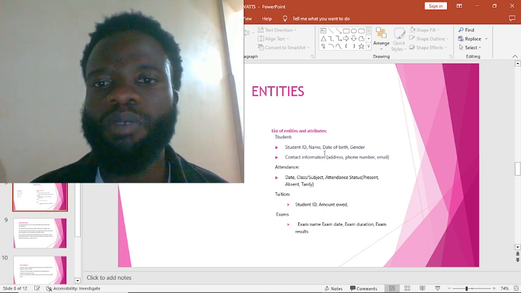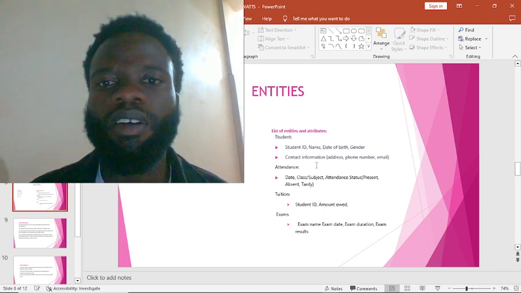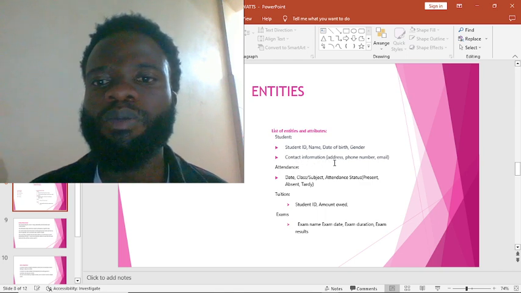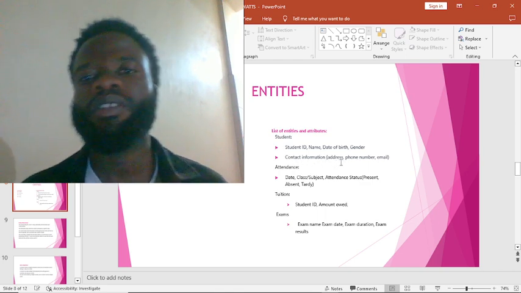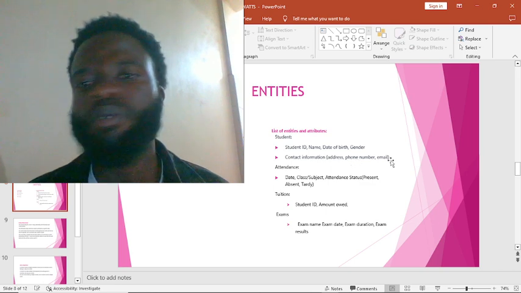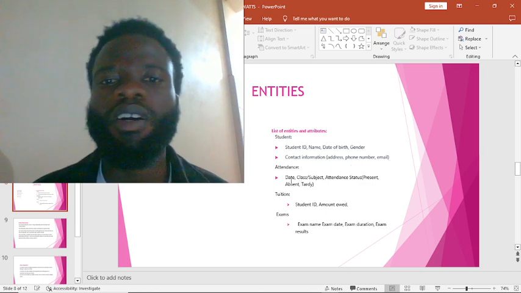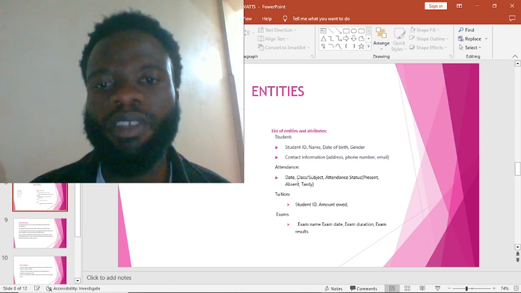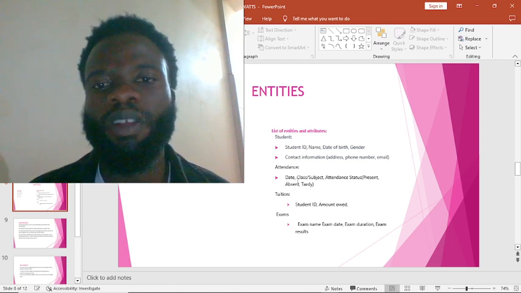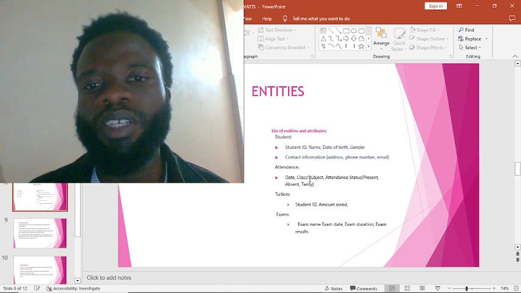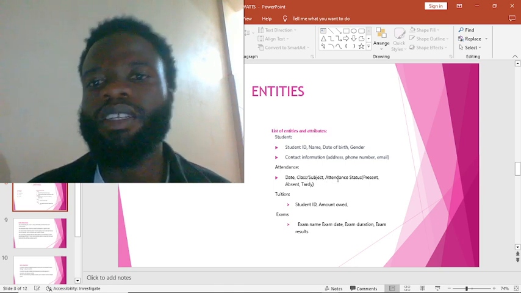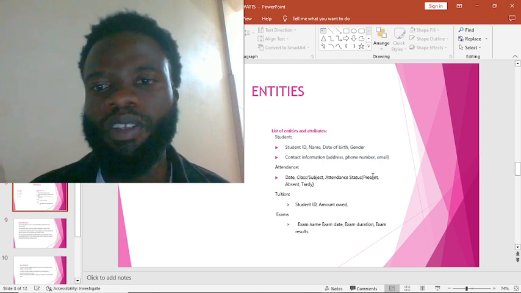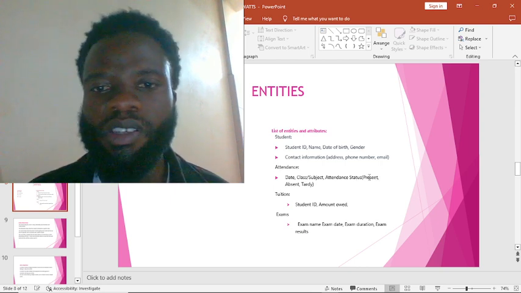It holds name, date of birth, gender, and the contact information about the student, such as addresses, phones, email, and so on. The attendance table will have the attendance ID, which will be the primary key of that table, and hold the subject, date, and attendance status of our student, whether present, absent, and so on.